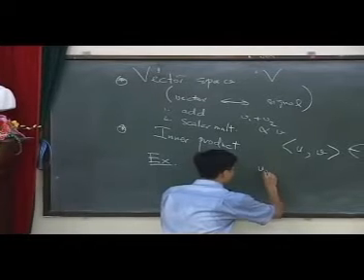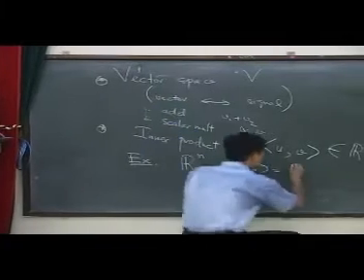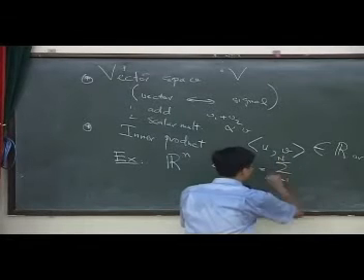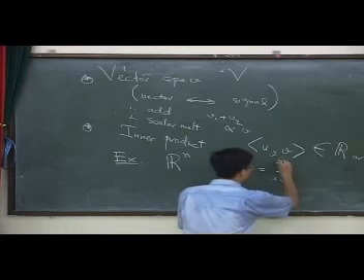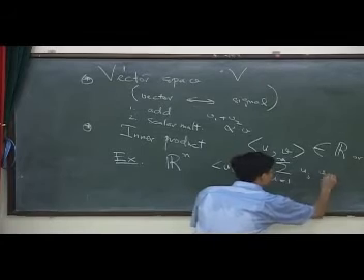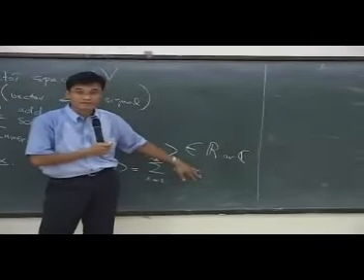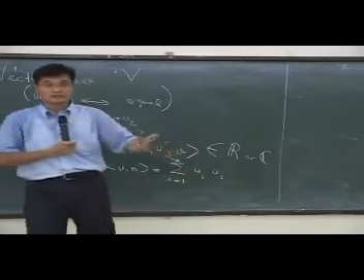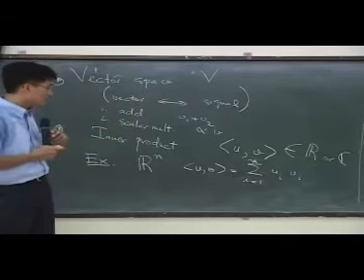U times V can be defined as the summation, with index i going from 1 to n, of U_i V_i. So I take two vectors and take the inner product. That's a very familiar inner product, the dot product.